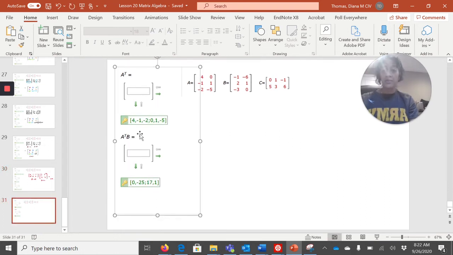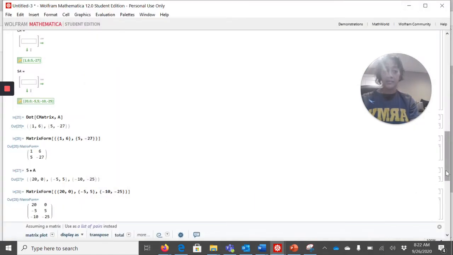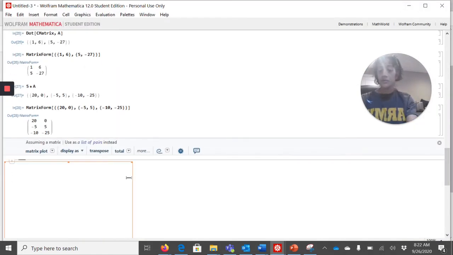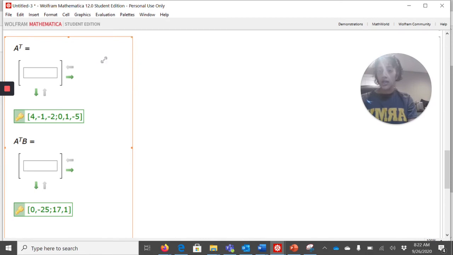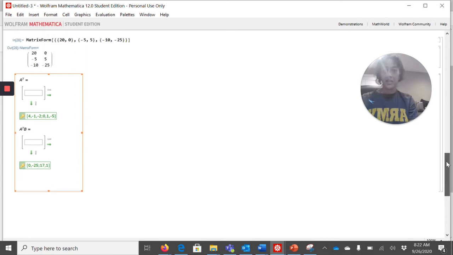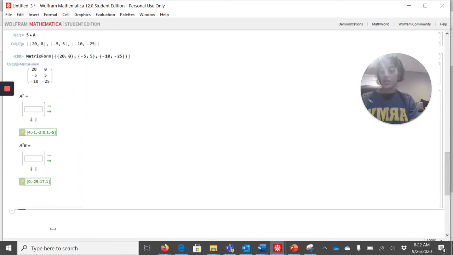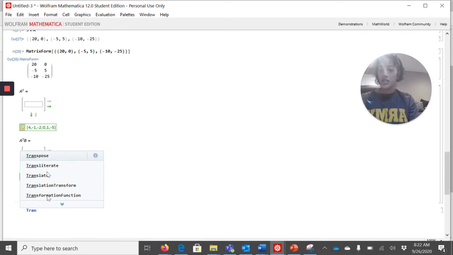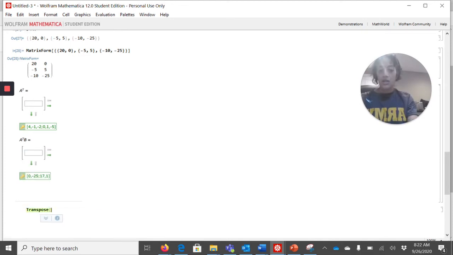Let's take the next round of questions. A transpose. What is A transpose? I just list the questions here so I don't forget what I'm doing. All right, so if I have A, do you see that it says transpose? A, shift enter.